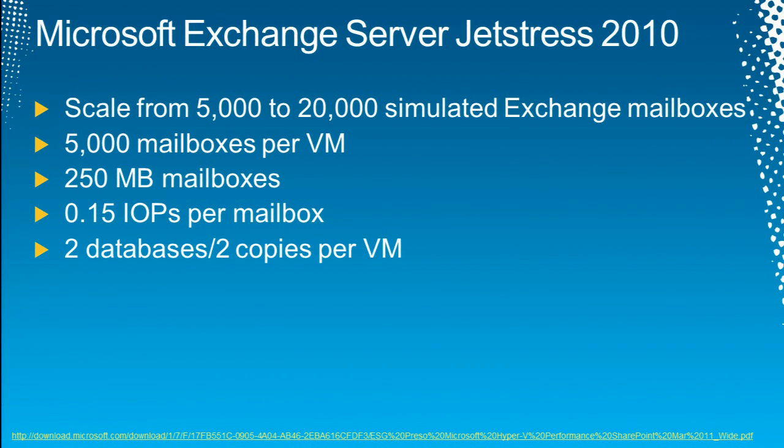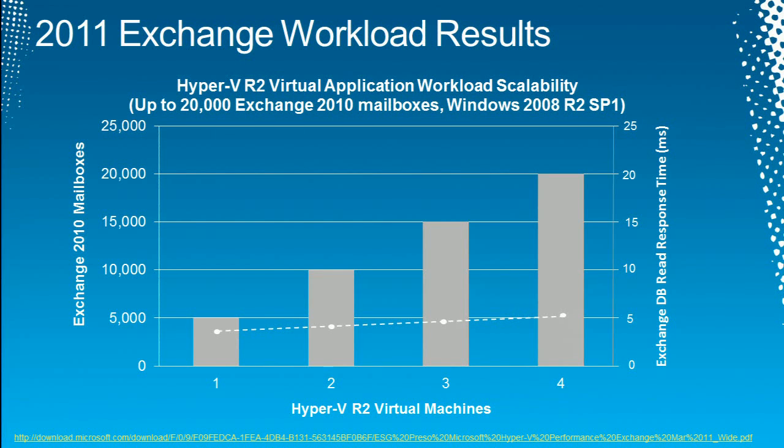So increasing those would probably reduce the number of mailboxes you were running. But in terms of the IOPS, it was, again, good performance. There are 2 databases and copies per virtual machine, in line with best practices for physical Exchange as well. And in graphical format, 5,000 for 1 VM, up to 20,000 for 4 VMs. So great performance there across. Again, validating that virtualizing this key workload shouldn't be something that you're concerned about.